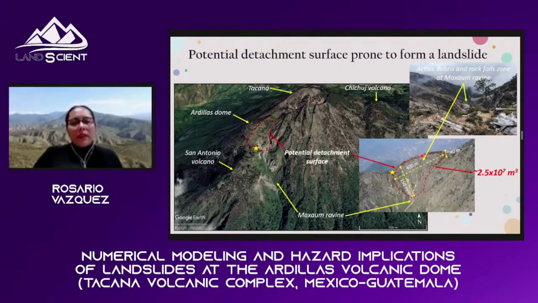So what we did was to perform a series of numerical simulations of this zone that could be detached from the southeastern side of the Ardillas Dome. And we estimate, using the 3D analysis tools from ArcMap of Esri, a maximum volume of 25 million cubic meters of material that could be detached and form a landslide.